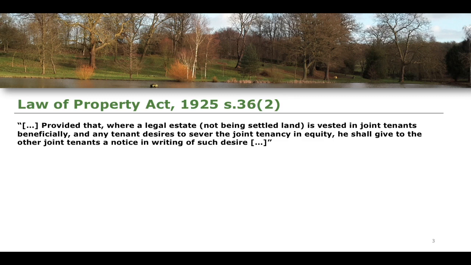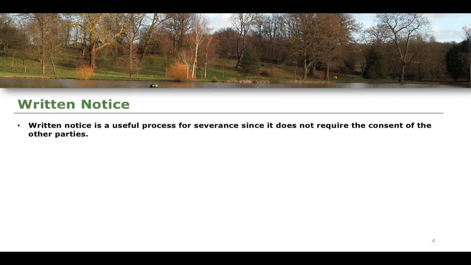And then they go on to say that he shall give the other joint tenants a notice in writing of such desire. And so, written notice is a useful process for severance, since it does not require the consent of the other parties, in fact. So unlike things like mutual agreement and to a lesser extent mutual conduct, the idea of written notice doesn't require that everybody else has to agree to it. You can just say, look, I'm going to sever.